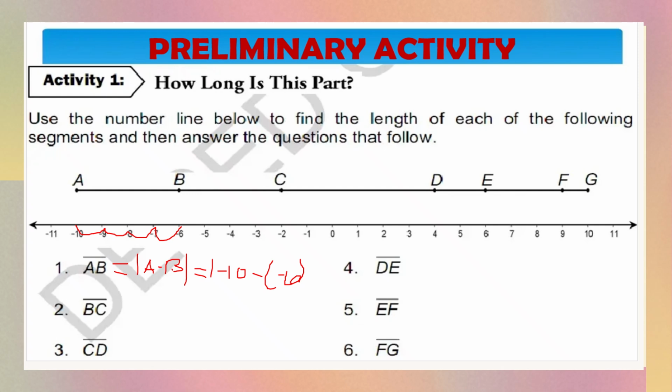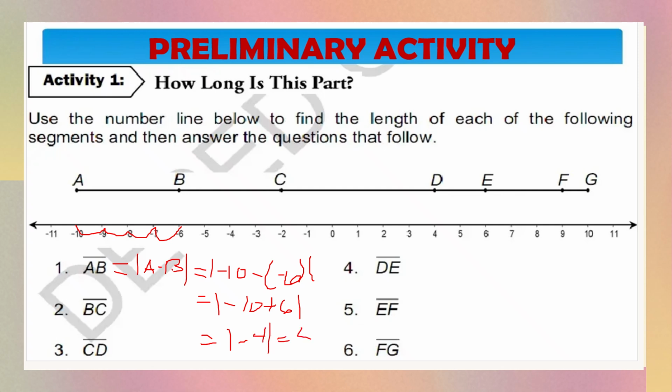Okay, so the answer is the absolute value of -10. Negative times negative is positive, so that's +6. So -10 plus 6 is -4, or that is 4.